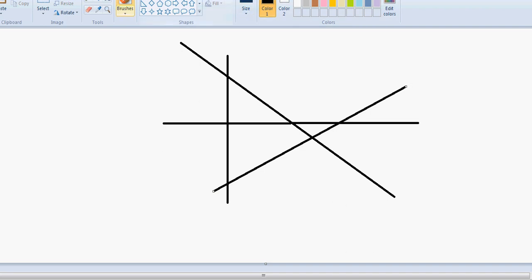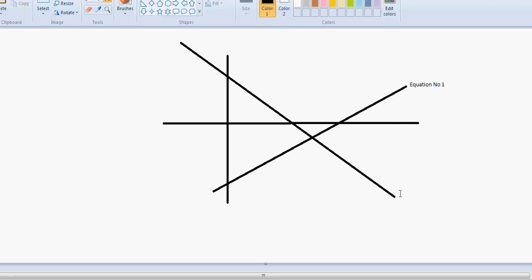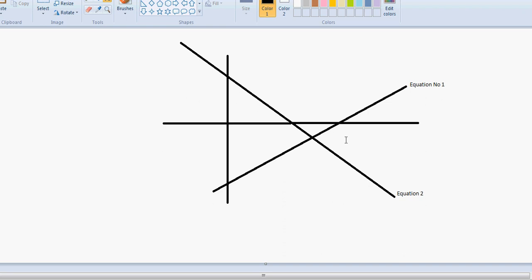This is equation number 1, and this is equation 2. Now we see that these two equations intersect at a point, right? This one, I'll just circle it.